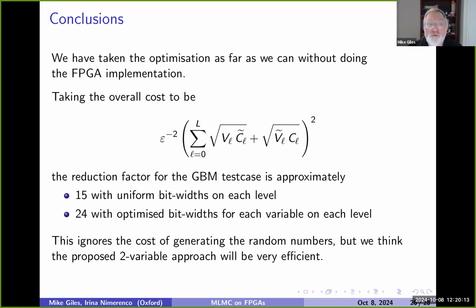So taking this to be the overall cost, and given our assumption, which is somewhat arbitrary, as to the relative costs of FPGA and CPU calculation, what this is giving us is approximately a reduction factor in the overall cost of 15 if we use uniform bit widths on each level, and then 24 if we use the optimized bit widths, so different variables having different bit widths.